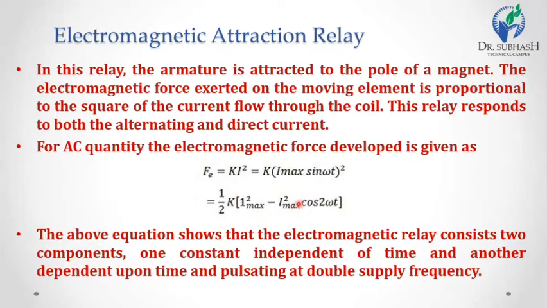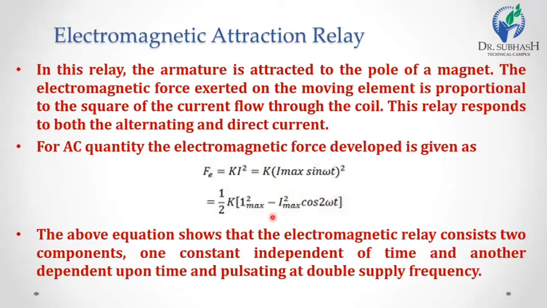These are two components. The first is a constant component and it is independent of time, as you see, there is no t. The other component depends on time and pulsates at double the supply frequency. 2 omega t means double supply frequency, which depends on time.